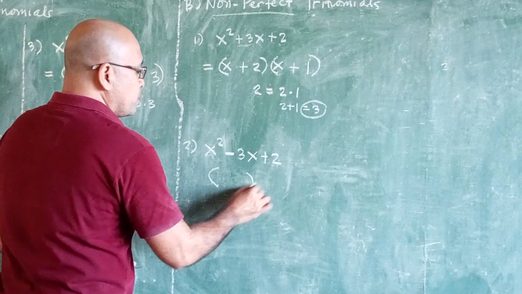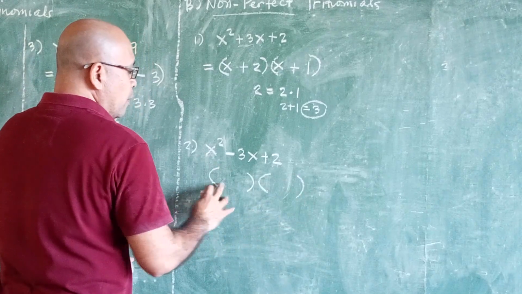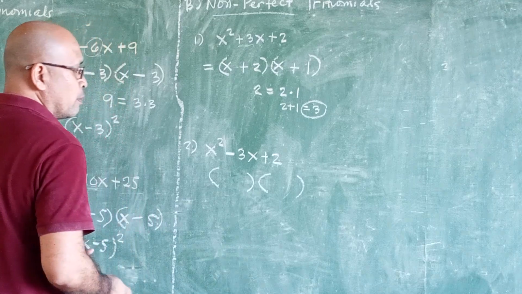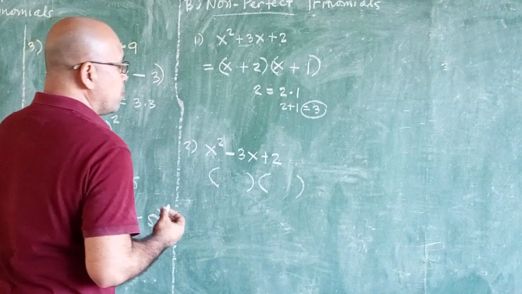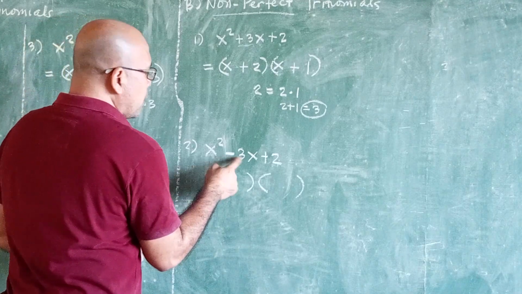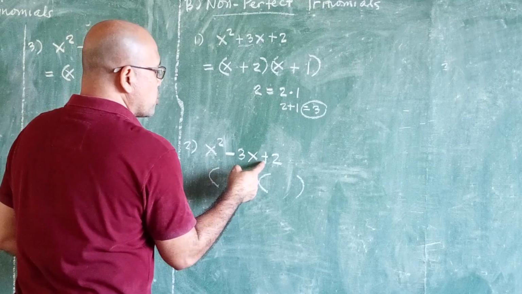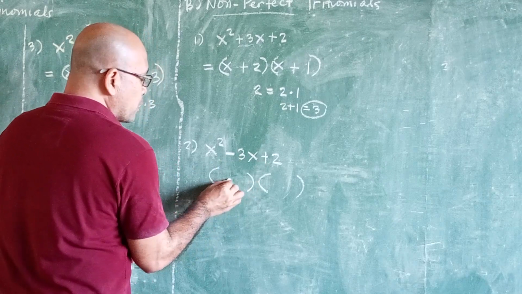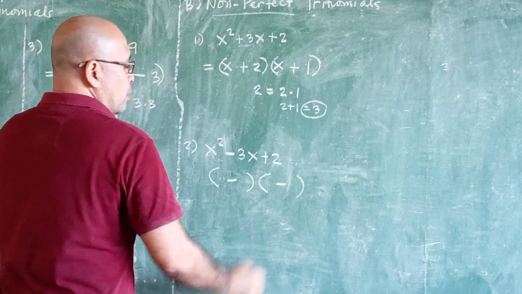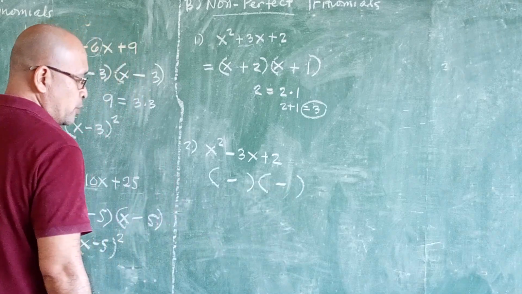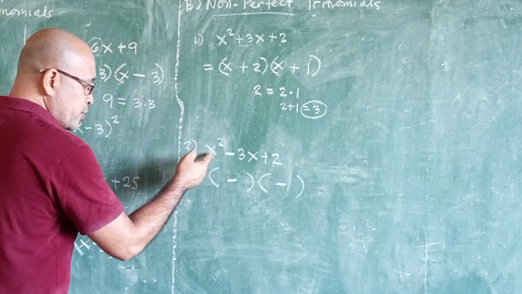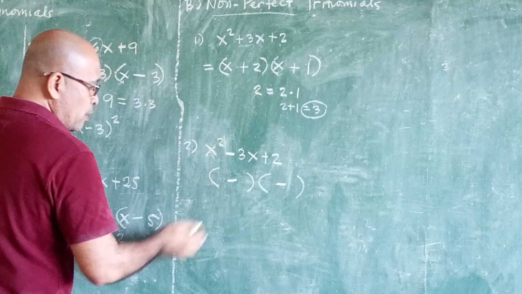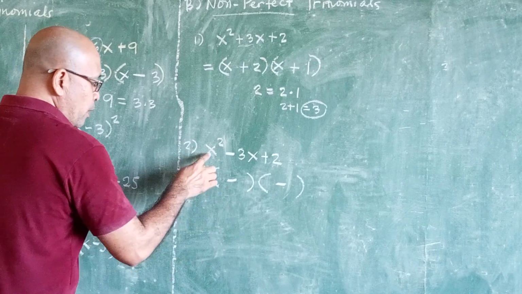The same, all factors are binomials. Next, remember that if the second term is minus and the last term is plus, all factors will be minus also. And the same technique applies as you continue.